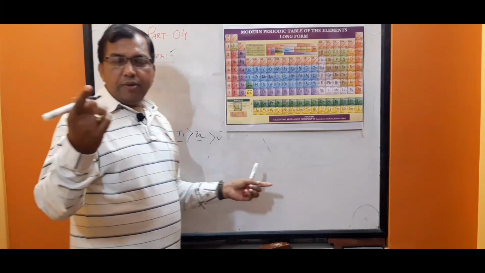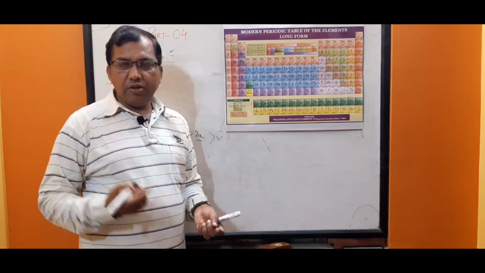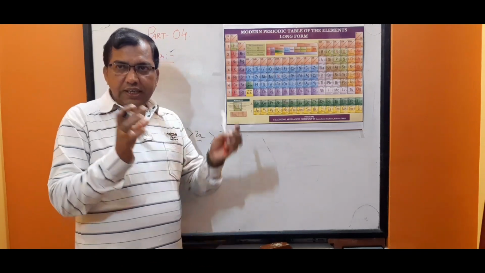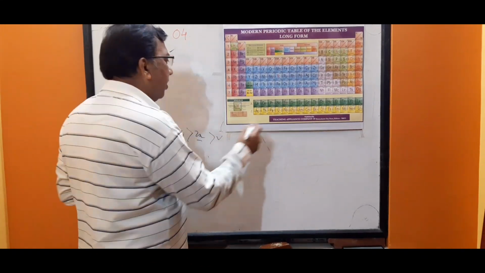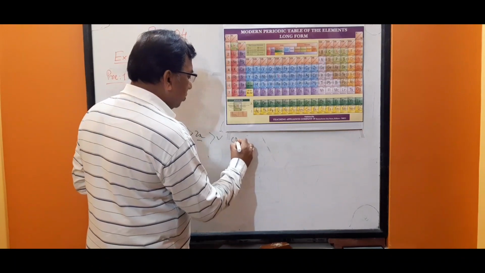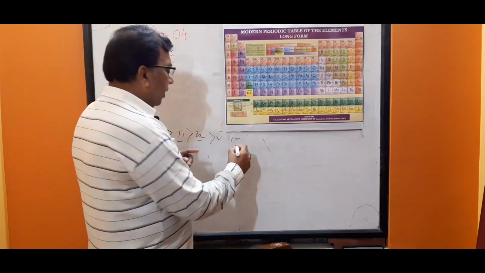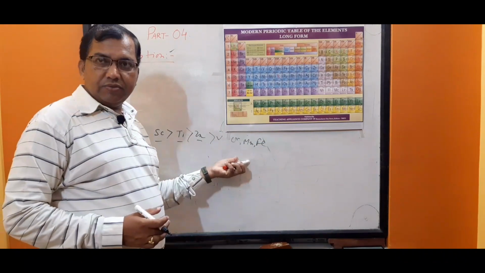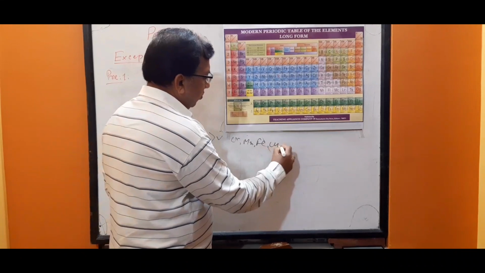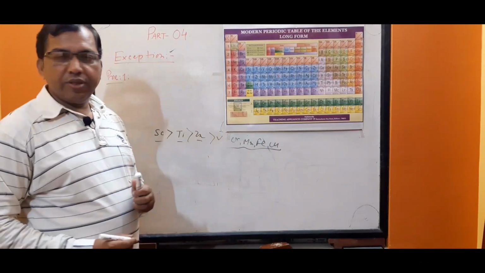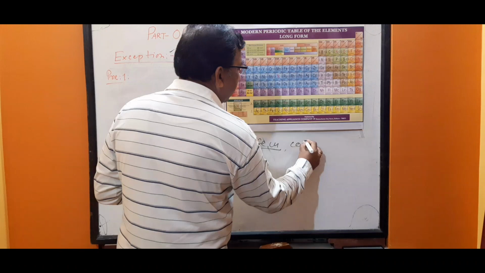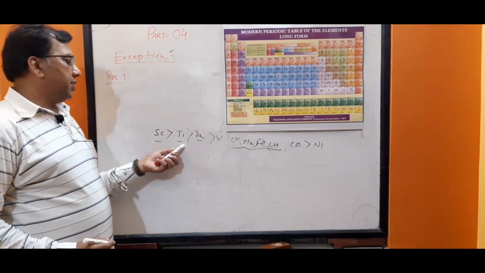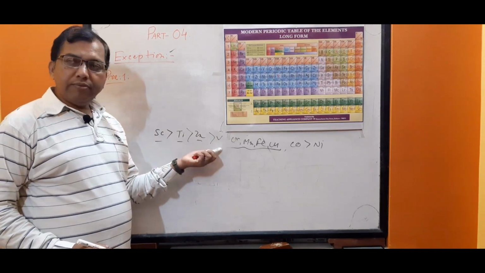But chromium, manganese, iron, copper, cobalt, just these five elements are like this. Chromium, manganese, iron, what you discussed earlier, copper also remains the same. Then again cobalt greater than nickel. What you learned: scandium, then titanium, then zinc, then vanadium.